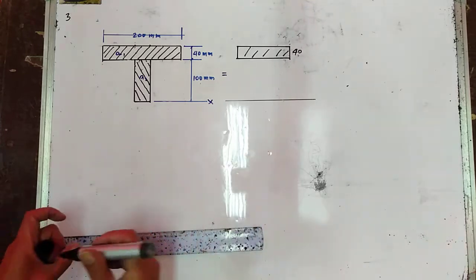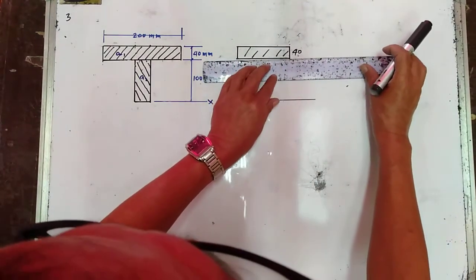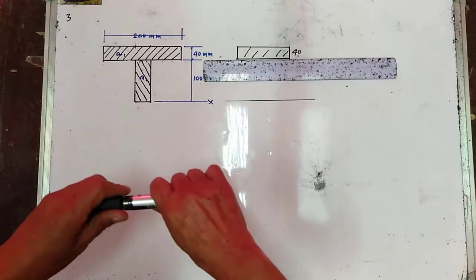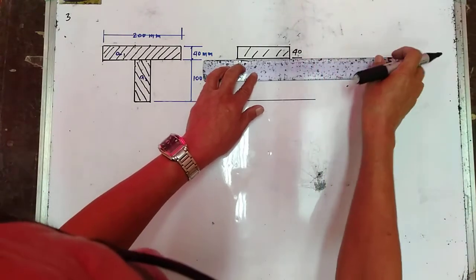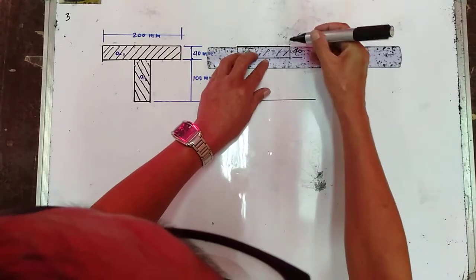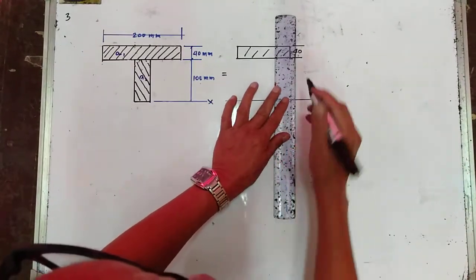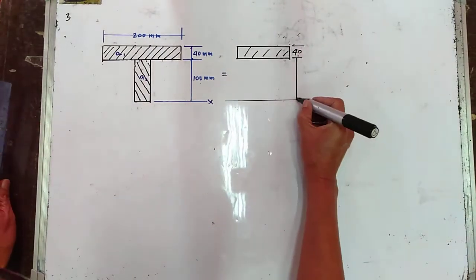And the distance from the x-axis to the bottom of the first area is equal to 100 millimeter. It's your 40, and this one is equal to 100 millimeter.